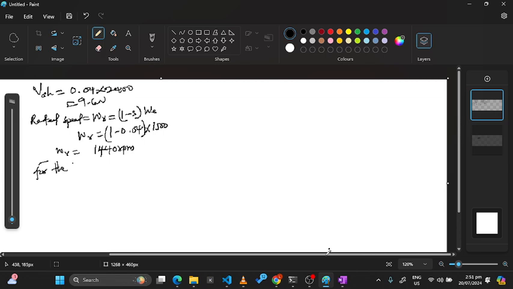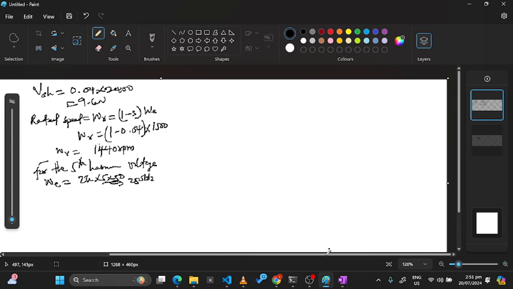For the fifth harmonic voltage, the synchronous speed will be 5 times that of the fundamental one, because 2 pi f times 5 times 50 gives a frequency of 250 hertz. Is that okay?